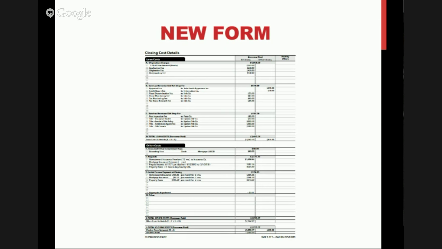Then the nice thing here is something that we haven't seen in the past. The next two sections say there's services that the borrower did not shop for. Then there's services that the borrower did shop for. So you have the ability sometimes to go outside the escrow office or lender and not use their vendors, not use their resources.